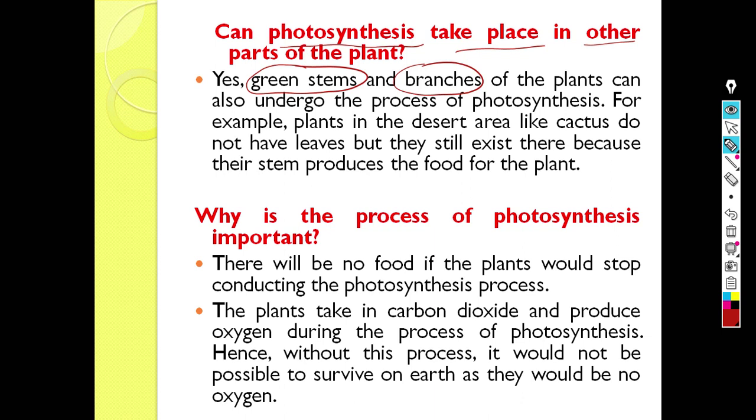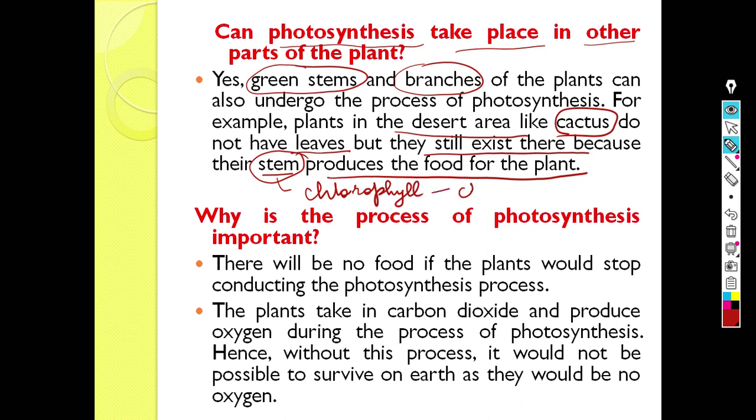For example, plants in desert areas like cactus are modified because they do not have leaves, but they still exist there because of their stem, and the stem produces the food for the plant. This stem has what? Chlorophyll, which contains chloroplast. It is present in these stems, and these stems are modified, and that is why they can take part in photosynthesis.